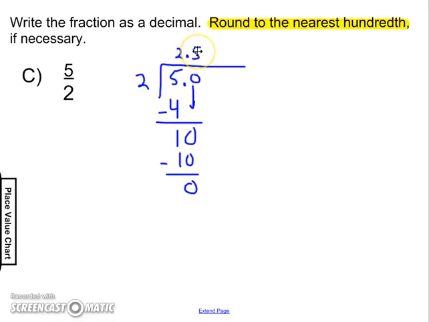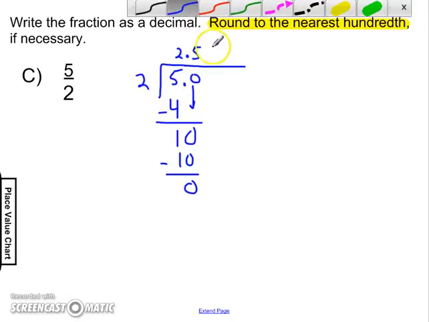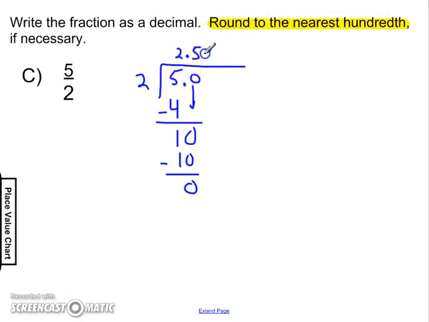I only have 1. So I need another decimal place to follow the directions here. They say to go to the hundredths, so I need it. So the question in this case, because here's my tenths, what would the next number be? Well, this is a terminating decimal. Therefore, I know that I could add a 0 to it. I would not change the value, but now I have 2 decimal places.